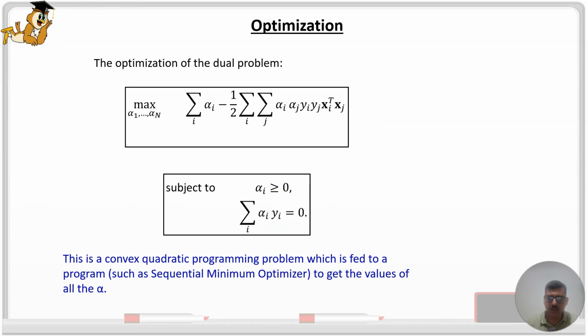There are programs available to do this. One example of such a program is known as the sequential minimal optimizer, and that will get you the values of all the alphas. So this dual optimization problem is to be solved for the values of alphas, which are the Lagrange multipliers.